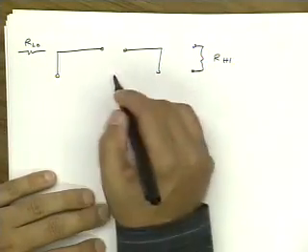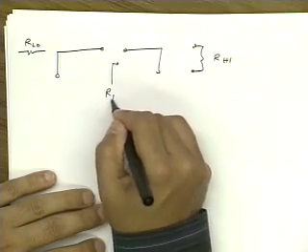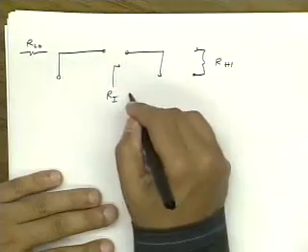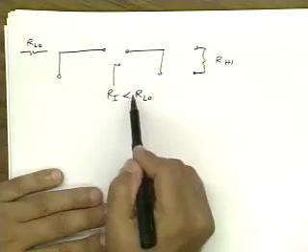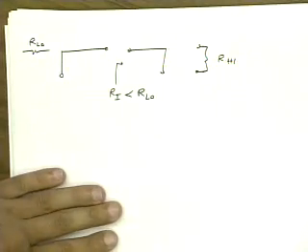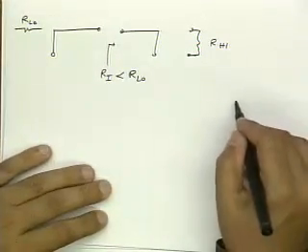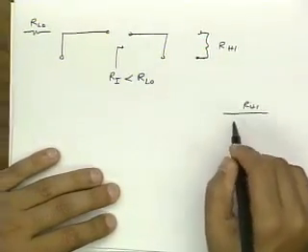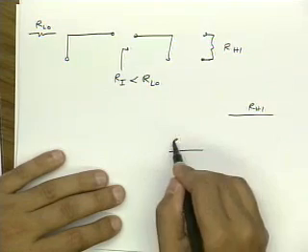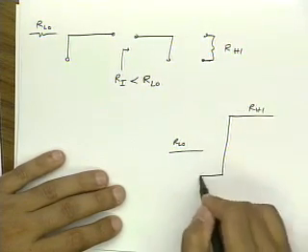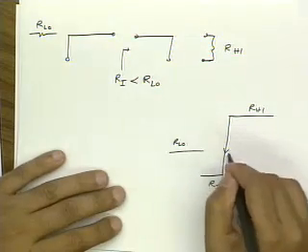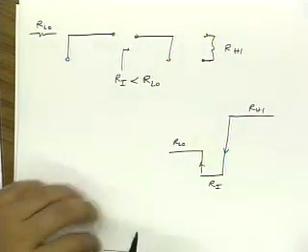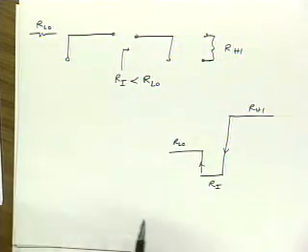In other words, I'm going to choose an intermediate impedance which is less than R low, and then I'm going to go back up to R low. So if I draw this picture again, I start out at R high, and let's say this is R low. I take a step below R low, and then I take a step up back to R low. Why would I want to do this?